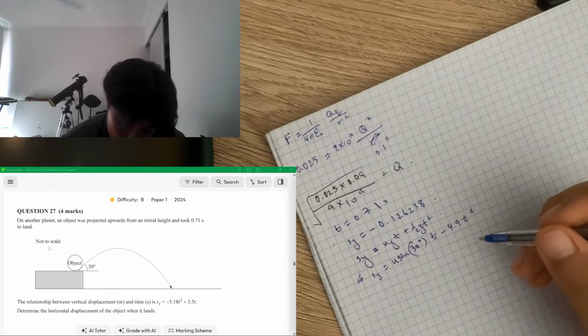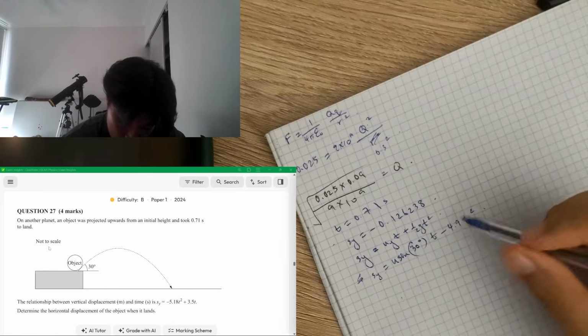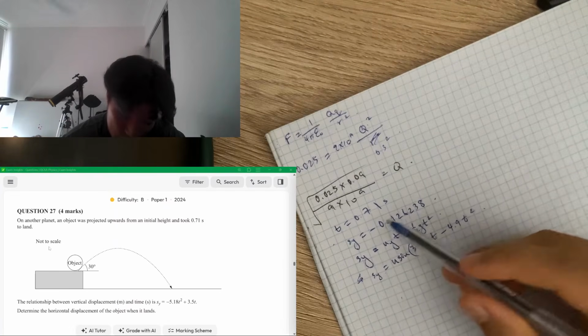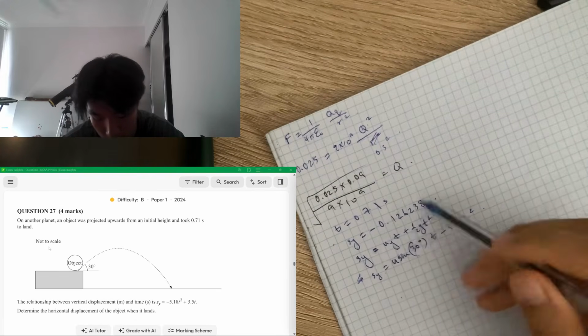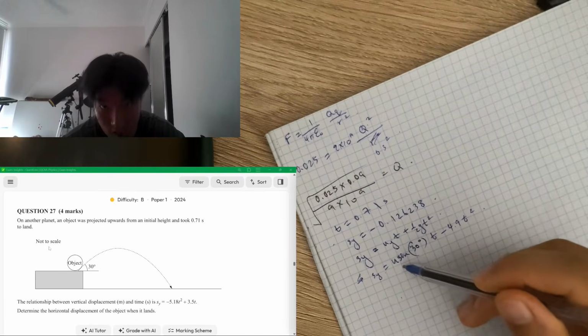Then what we can do is use the point we've found. So at t equals 0.71, we know that s of y equals this. So we can use that to work out what u is.